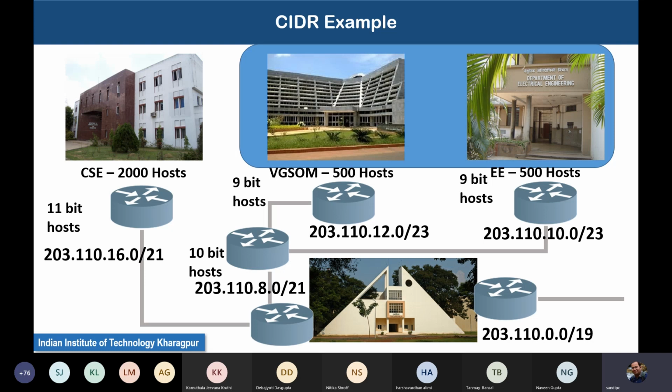So maybe I will provide an IP address to this interface as 203.110.8.1. The outgoing interface which is connecting to the EE router as 203.110.8.2/21, and the interface which is connecting to the VGSOM router as 203.110.8.3/21. And then these two routers are again connected to this router at the CIC.